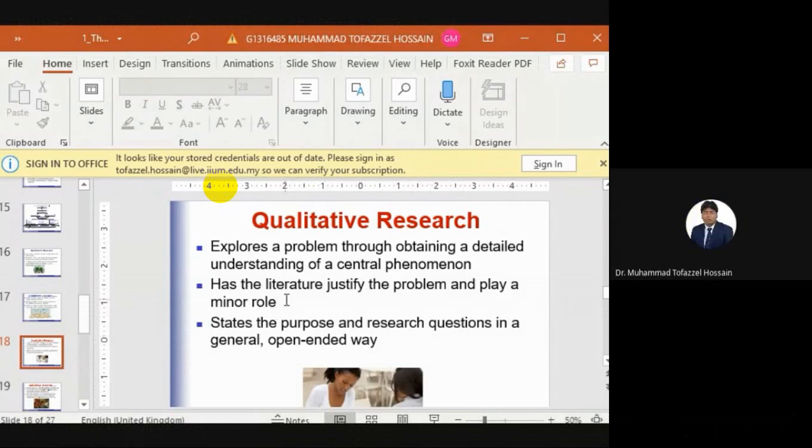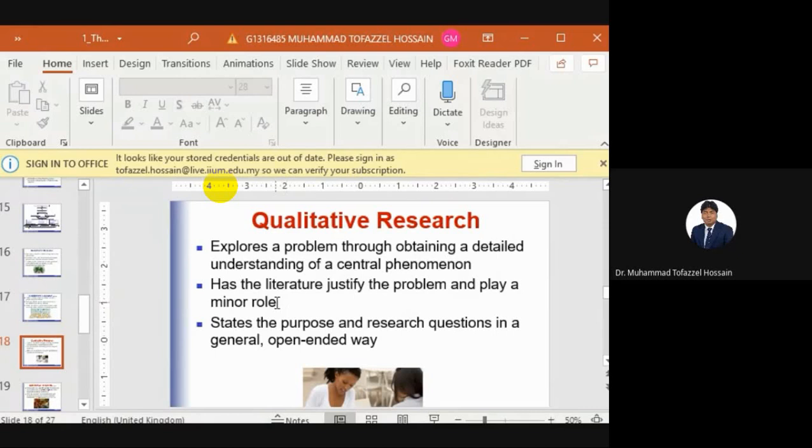So here, in terms of qualitative research, has the literature justified the problem? Definitely. Reviewing the literature is very important, but it plays a minor role. Why a minor role? Because in quantitative research, you usually have to fix everything based on the literature, your hypothesis, everything, based on past literature.